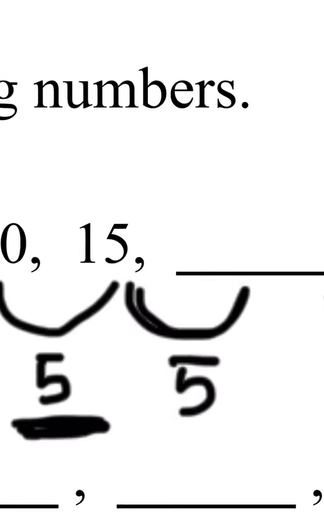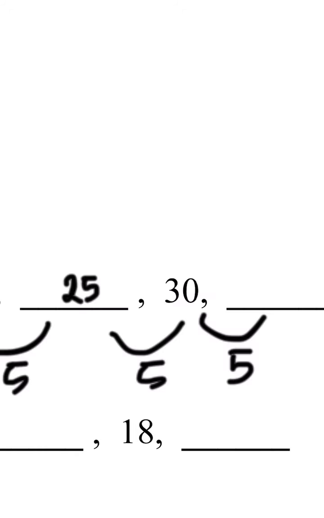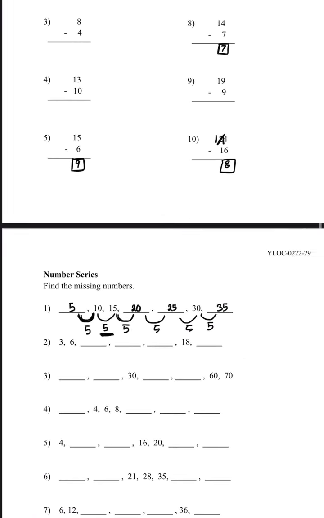So 10 minus 5 is 5. 15 plus 5 is going to be 20. 20 plus 5 is 25. 25 plus 5 is 30. And 30 plus 5 is 35. So these are the answers for number 1.